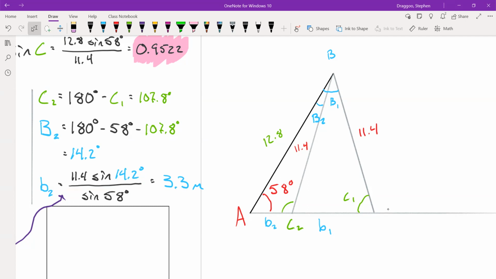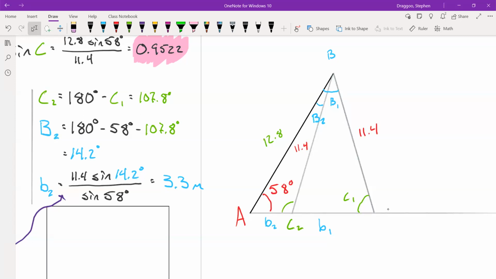But okay, so I think the spot where I was saying that 11.4 meter side is fixed. So those two red lines are stuck. But either one has a length of 11.4 and keeps the other given information the same. So the first thing I solved for was angle C1. And there are two angles that have the same sine value of about 0.9522.